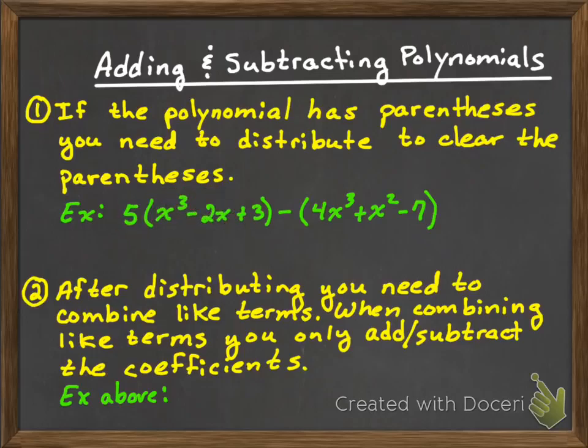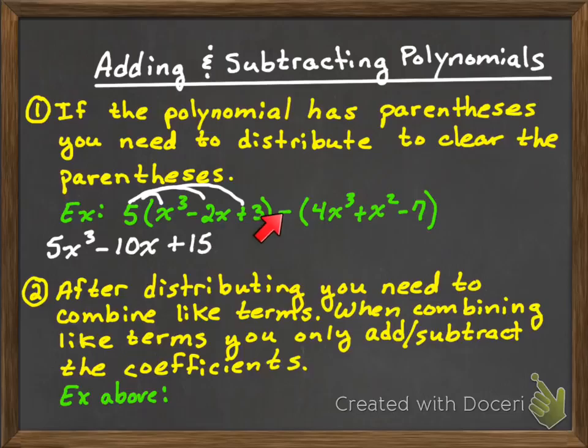Okay, so here, starting out, 5 times x cubed will be 5x cubed. 5 times negative 2x will be minus 10x. And then 5 times 3 is 15.